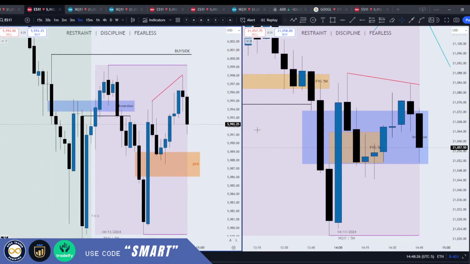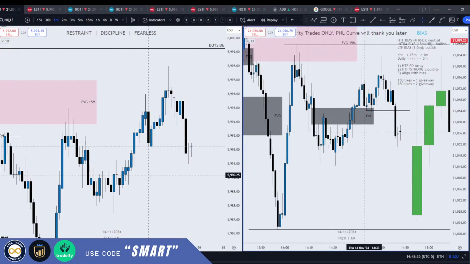I don't think we're looking for any trades until Powell speaks, and then if it does bring some volatility, we can look for some lower time frame scalps. That's what I'm open to. Everything else I'm a little bit iffy about.